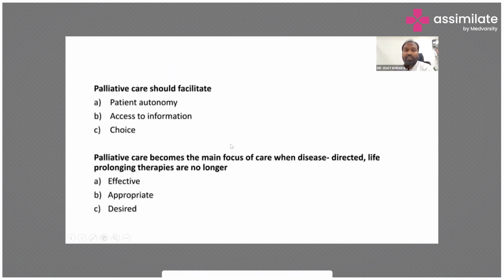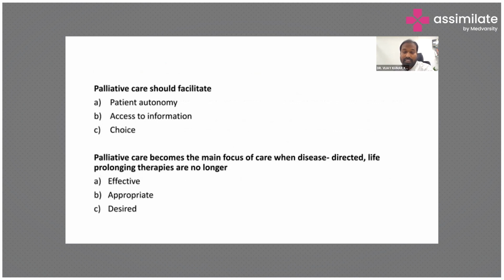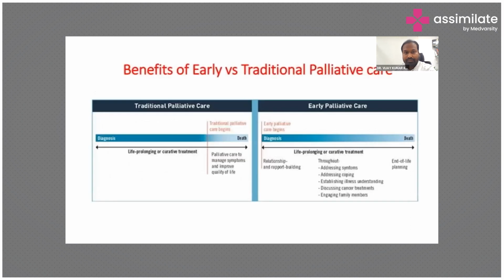Palliative care should facilitate patient autonomy and access to information, and the patient should have his choice to select the modalities of palliative care. Palliative care becomes the main focus of care when disease-directed life-prolonging therapies are no longer effective, appropriate, or desired. Here you can see that if you start palliative care early in the disease course, the quality of life will improve.